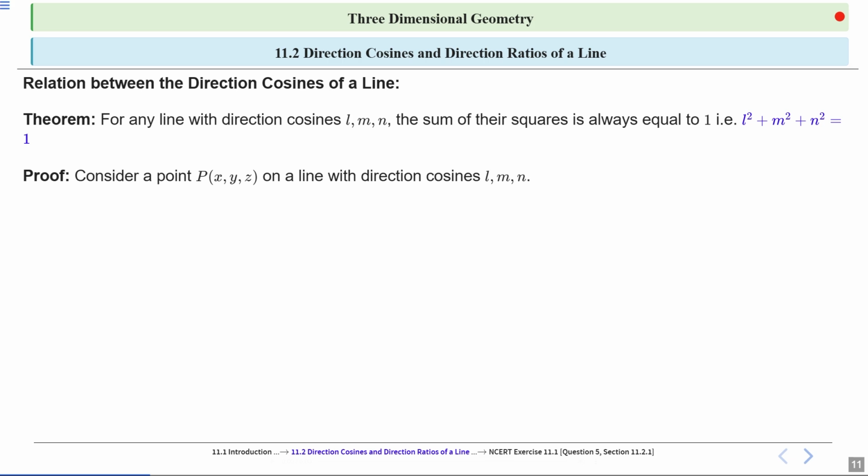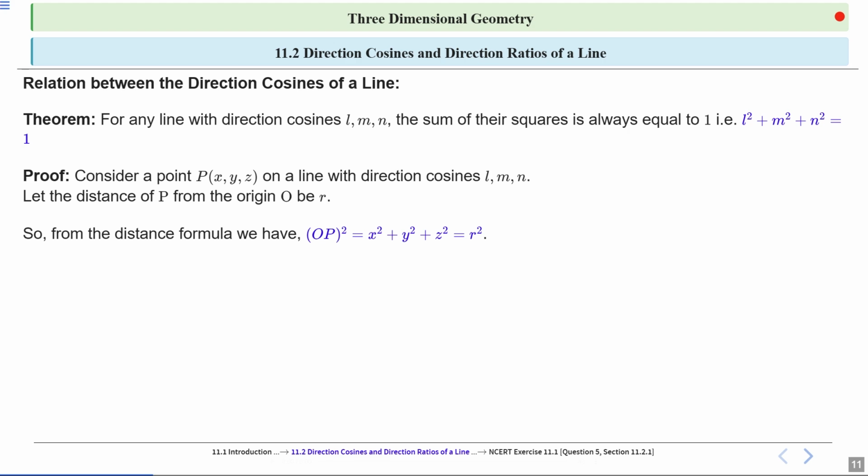Now, let's prove this theorem step by step. Let's consider a point P(x, y, z) on a line with the direction cosines L, M and N. Next, let's define R as the distance from the origin O to the point P. So, R is just the length of the line segment OP.